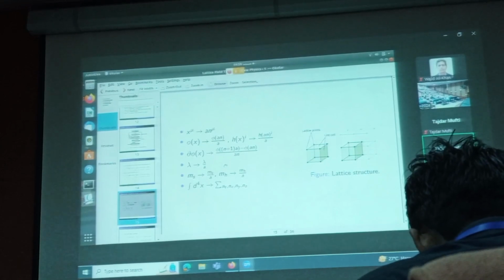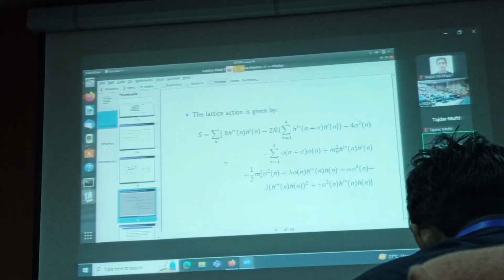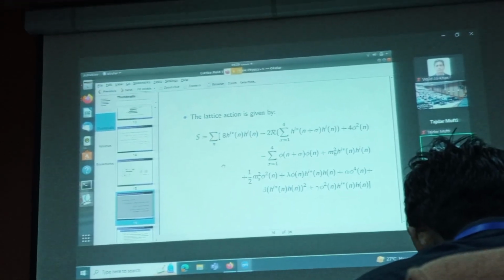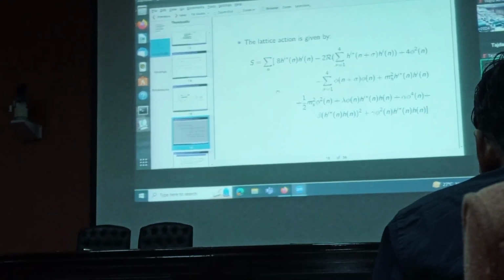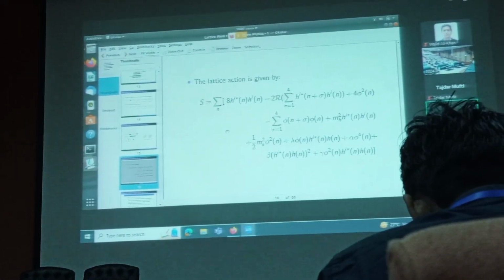The good thing is that if you do that, we have a very interesting result: an action that does not depend upon anything that is physics. It's just numbers, because you have taken out the dimensions.